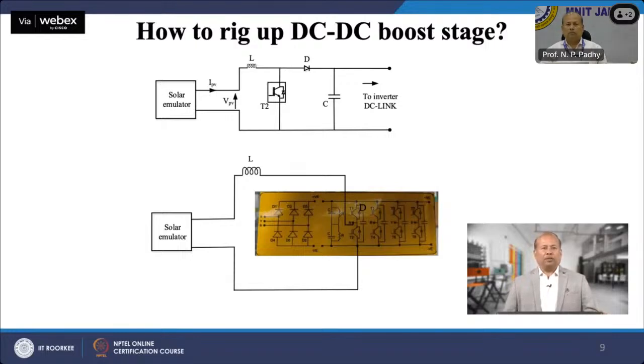The body diode of IGBT T1 can be used as diode for the freewheeling action when T2 turns off. Then the cathode of this diode is connected to the DC bus capacitors. This is how we can build DC-DC stage as well as DC-AC stage using a single IGBT stack.